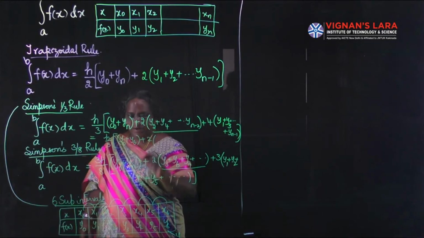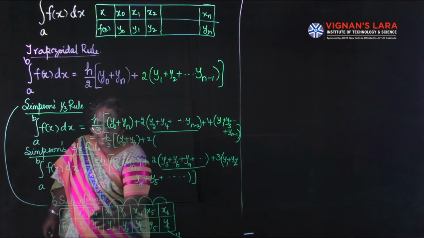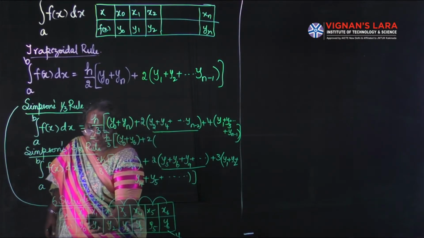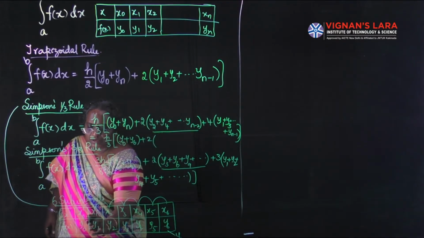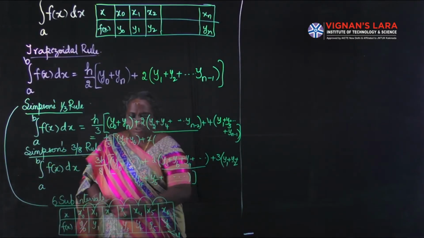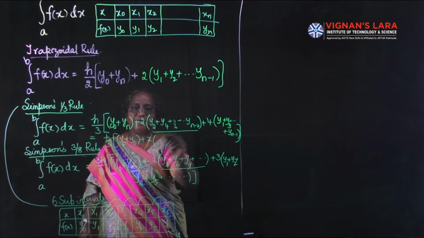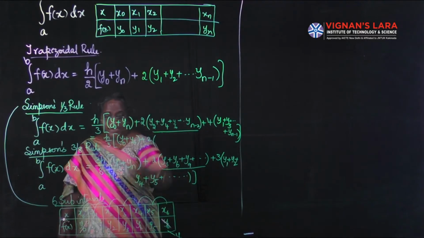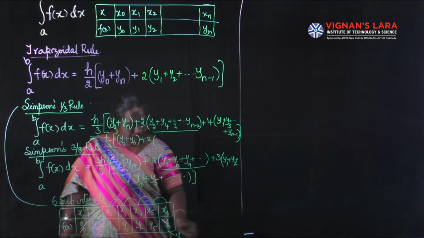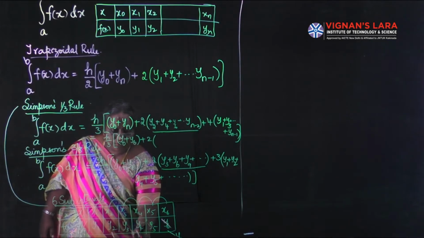Then 2 times the even terms. Once you have finished writing y naught and y6, delete them, just with a pencil you put a mark like this, because after y4 you will get y6 and you are not supposed to write y6 again. Now what are the even terms here? y2 is even, y4 is even.